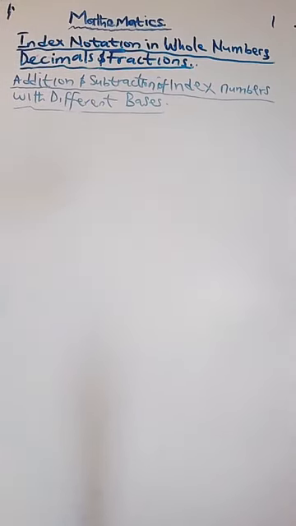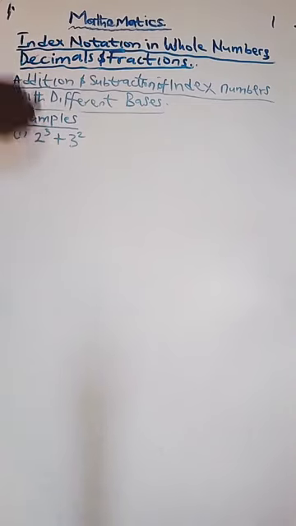Now, let us see how we can add and subtract index numbers with different bases. Let's look at examples to guide us. Let's say you have 2 raised to power 3 plus 3 raised to power 2, and you want to add.